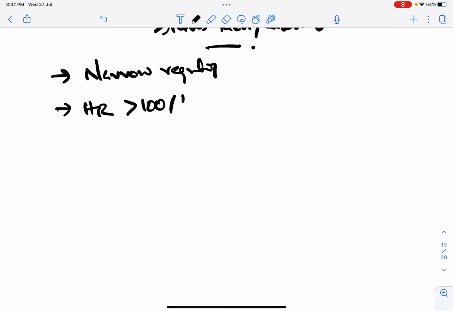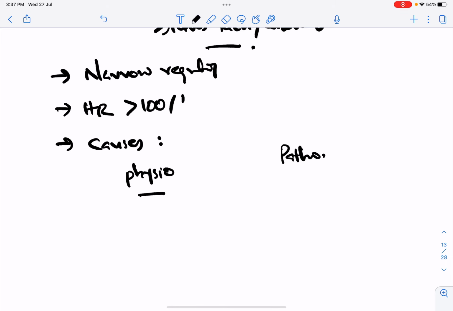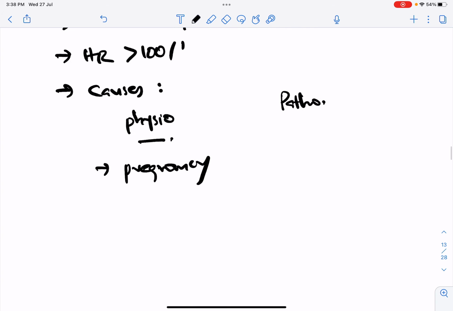So the causes for sinus tachycardia can be physiological or pathological. The physiological causes include pregnancy. In pregnancy, there will be an elevation of heart rate of around 15 beats per minute, and the other one is exercise. In exercise also, there will be tachycardia.